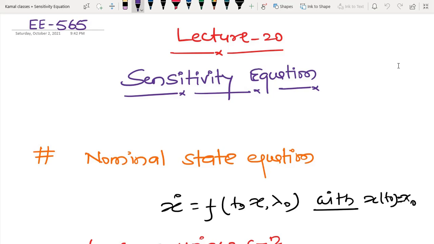Now we are going to see that if a system parameter is deviated by some amount, then what is the response of that variation on the system performance. It means that the solution of the dynamical system, how that is affected by the variation of the system parameter, that we are going to look at in today's lecture.